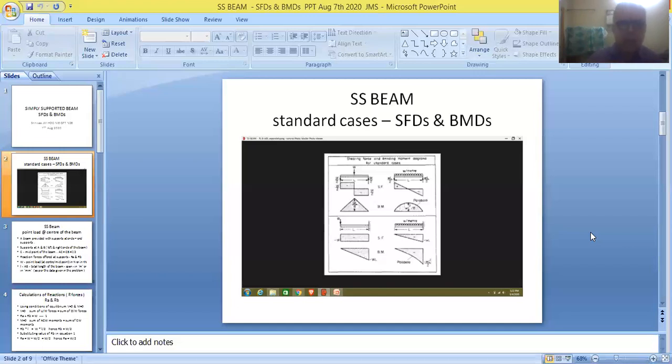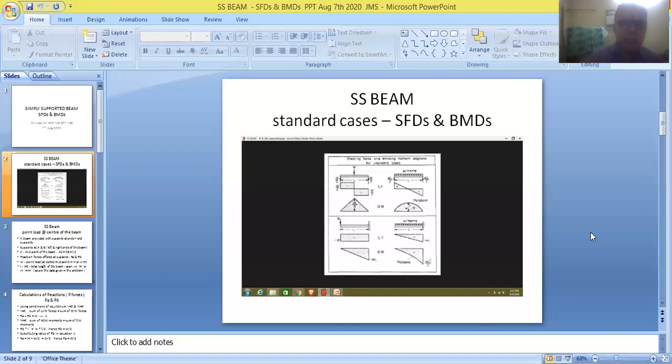And as informed earlier, this capital W is used for indicating the point load acting on the beam, and this is expressed either in terms of newtons or in terms of kilonewtons. And secondly, we can see the length of the beam.